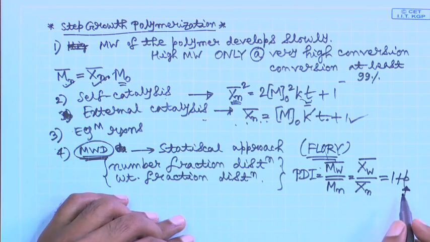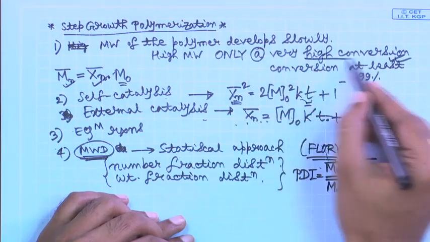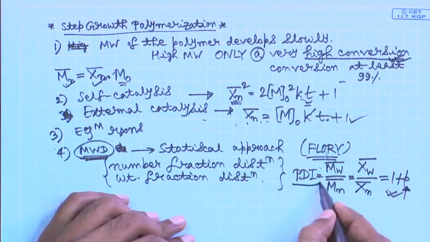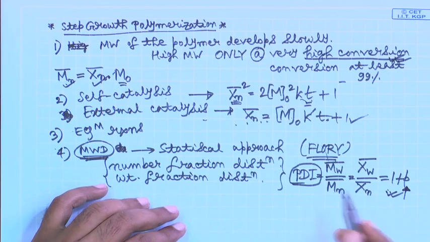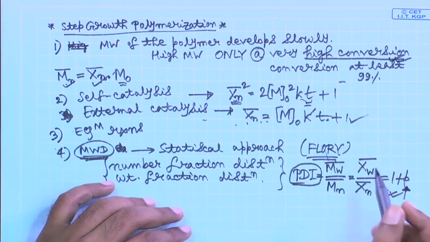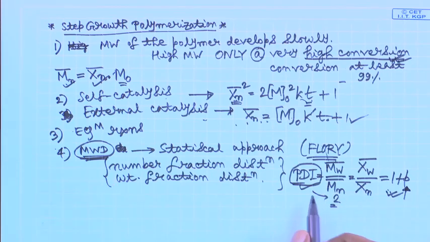So, if you add this situation with this situation where you have to actually go to very high conversion, p has to tend to 1. That means in order to get any step polymer which is of practical utility, which has very high molecular weight, the kind of molecular weight that you desire for the applications, the PDI has to be close to 2 and not 1. So, basically the polydispersity is high for this kind of system.